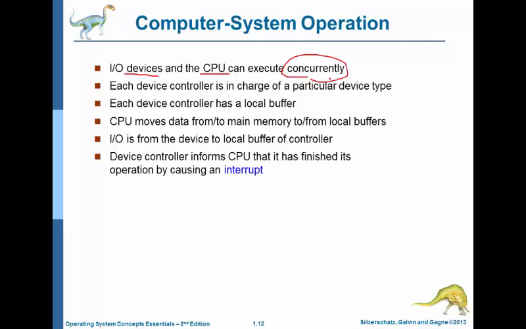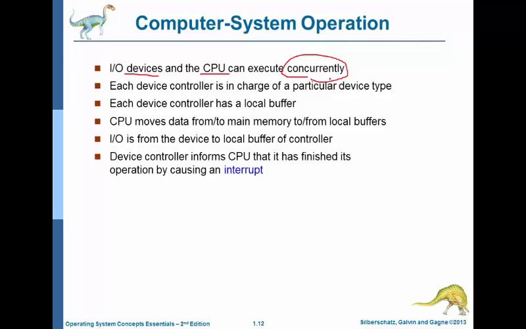The CPU moves the data from and to main memory, to and from the local buffers. So once the device sends the data, there is a buffer. The buffer holds the data. But the reason we send the data to the computer is so it can be handled, and for that it should first be loaded in memory.